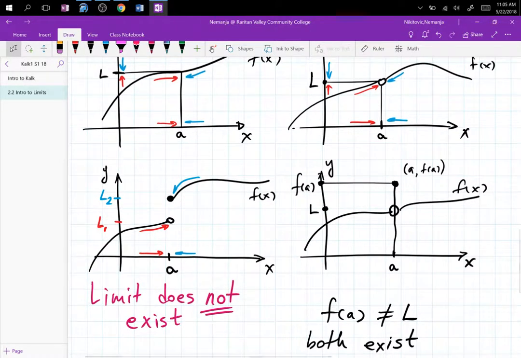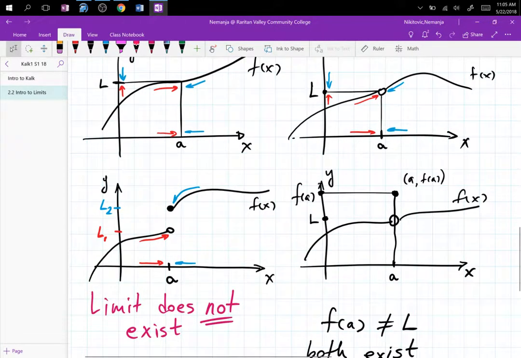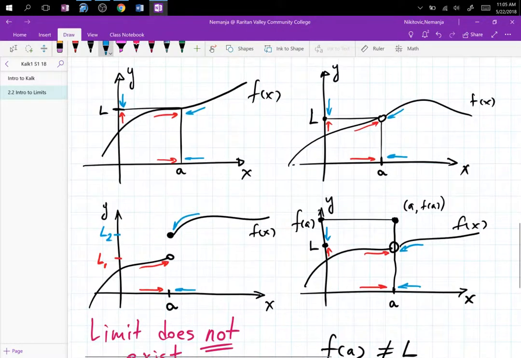So I will go through all of these graphs again. Let me just fill in the red arrows and blue arrows and all of that stuff. So approach on the line, we go up, then blue, approach from the right, go down in this case, go down, and then they meet at L. Now, this is where you actually have to stop and study calculus, not just mechanically do problems.